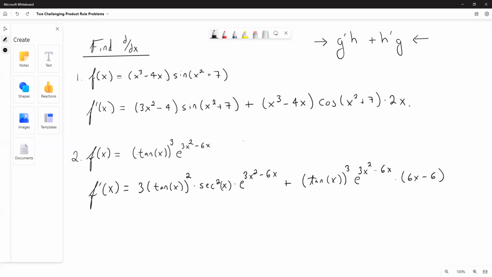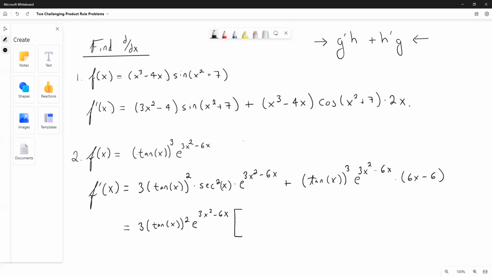So if we wanted, we could write it as 3 tan of x squared e to the 3x squared minus 6x, and then times what's left over in this term here.